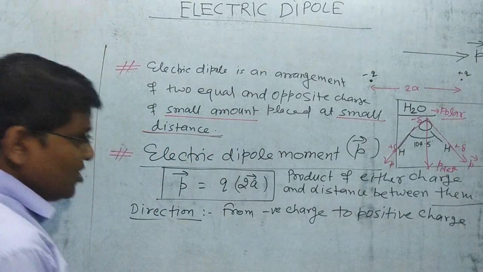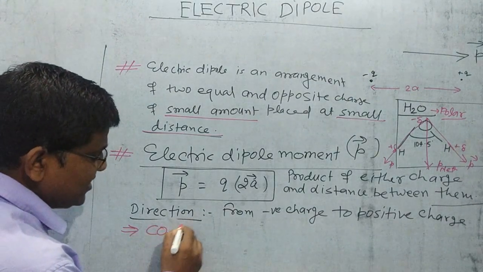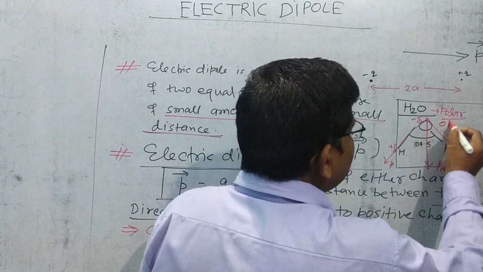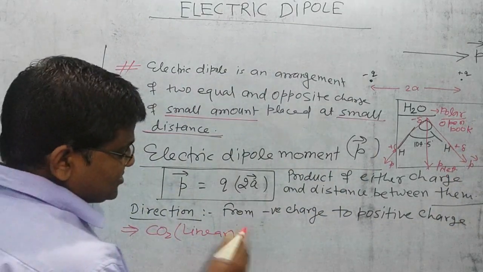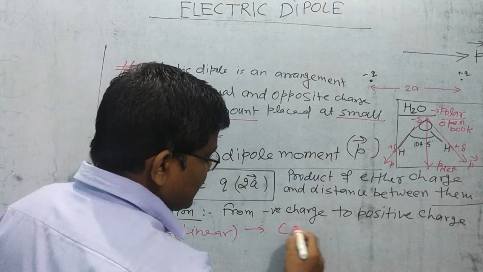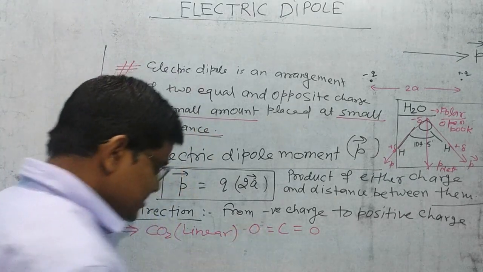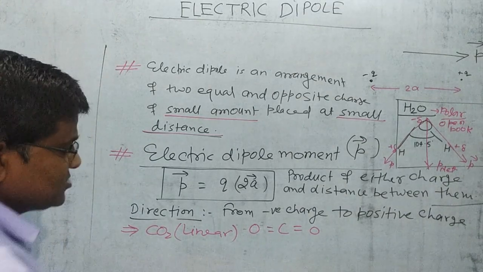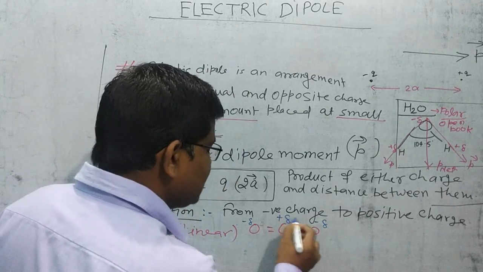Similarly, carbon dioxide has a linear structure, whereas water has an open book structure. Linear structure means C double bonded to O, and double bonded to another O. Oxygen has a partial negative charge and carbon has a partial positive charge.